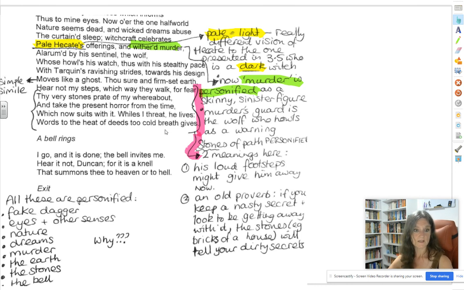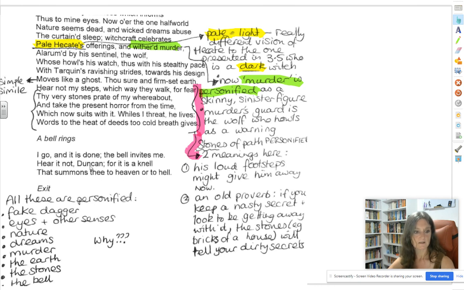So here he's thinking, right, I really need to stop thinking about the mind-drawn dagger and start thinking about what I'm actually here for. Now, we talked about the bell ringing. That's Lady Macbeth. The coast is clear, off you go. I go and it's done. The bell invites me. Hear it not, Duncan, for it is a knell that summons thee to heaven or to hell.